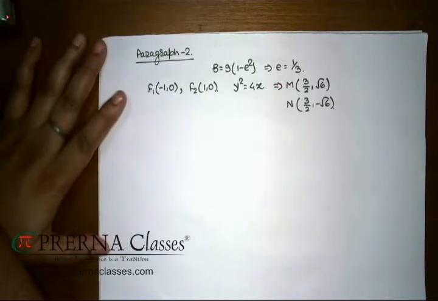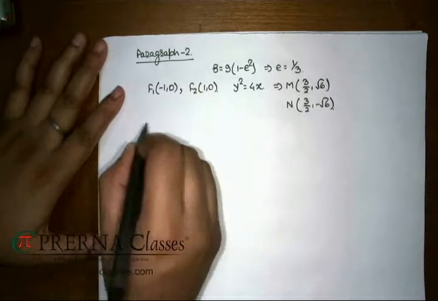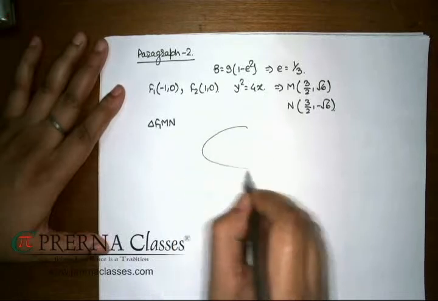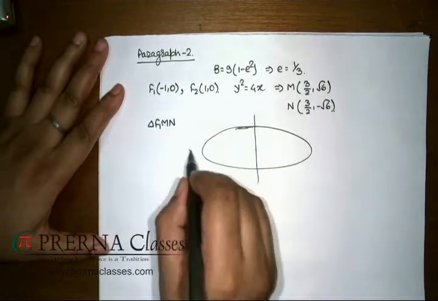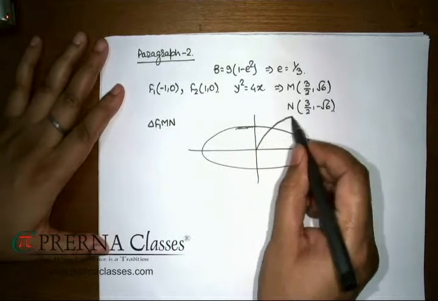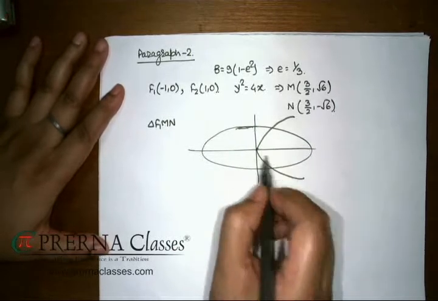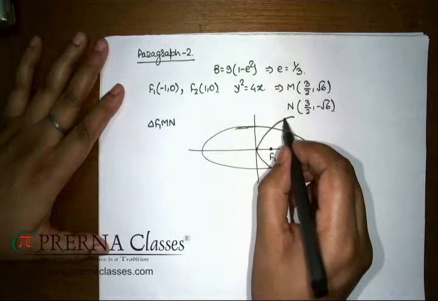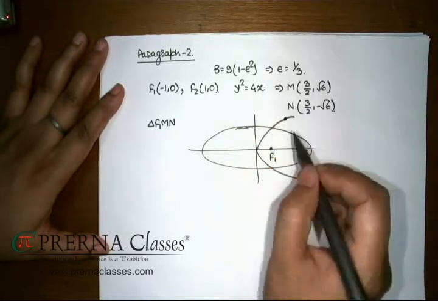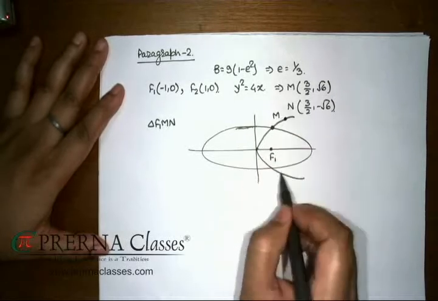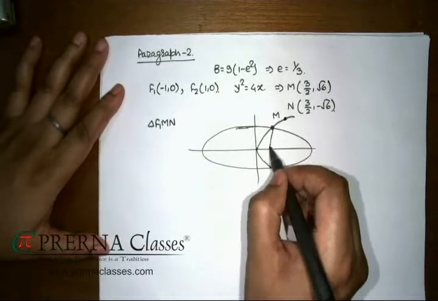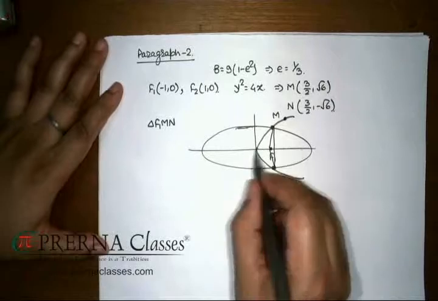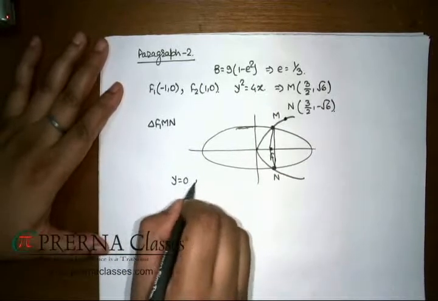And then you have to consider orthocenter of some triangle. In triangle F1MN, one thing you can check, this point is M, this point is N. My diagram is not perfect. They are not collinear points. This is how you will have a triangle. One of the altitude is clearly this line itself.